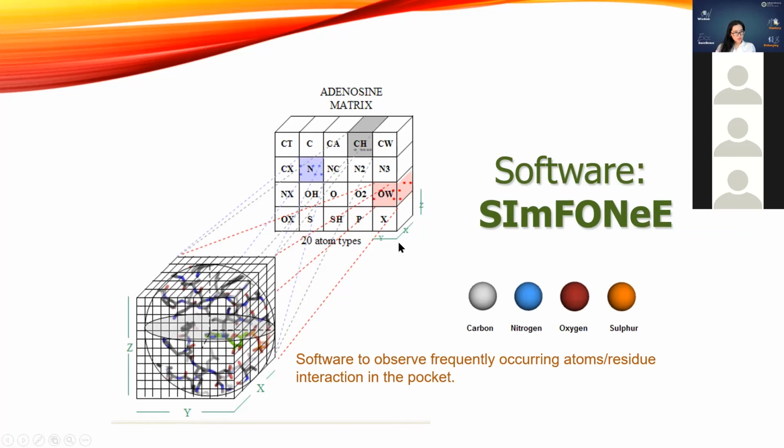If these 4 characters are satisfied, the grid box is populated by 1, like an occupancy of 1. So each box, once it has the same X, Y, and Z and has the oxygen of water, I put the number 1. If it has an sp2 nitrogen, I put the number 1, something like that. So I can superpose a large amount of protein kinases in the database, like 40 structures, and see the environment surrounding the green molecule.